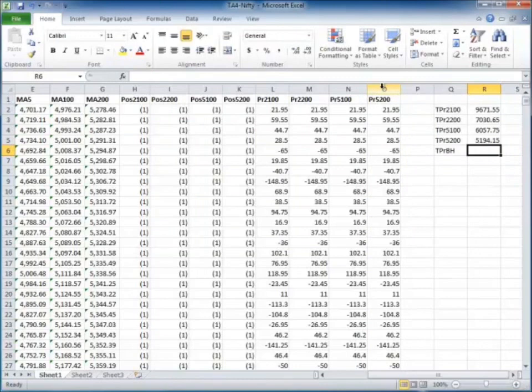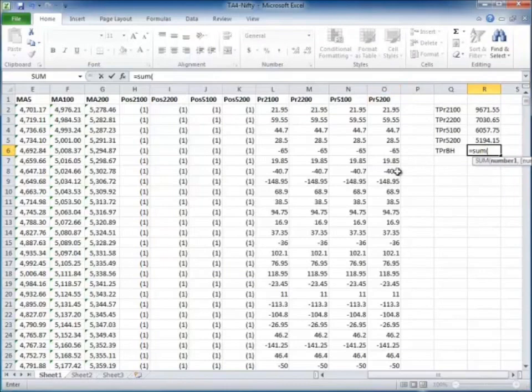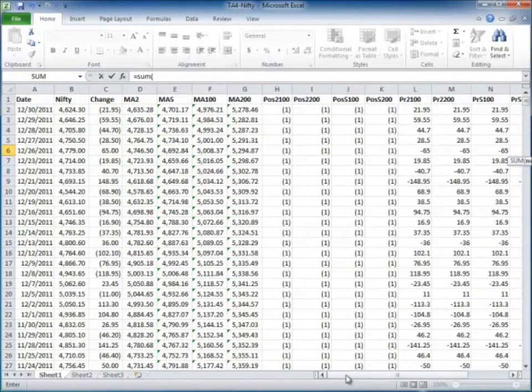And the buy and hold profit will actually just be the sum of that column there.